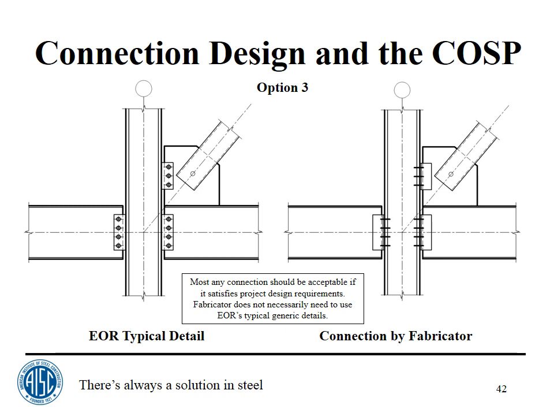I mean, if the calculations show that these 2 connections that are shown here work for the demands given, there should be no problem with that. What this says is most any connection should be acceptable if it satisfies the project design requirements. The fabricator does not necessarily need to use the EOR's typical generic details, which is the one shown here on the left.